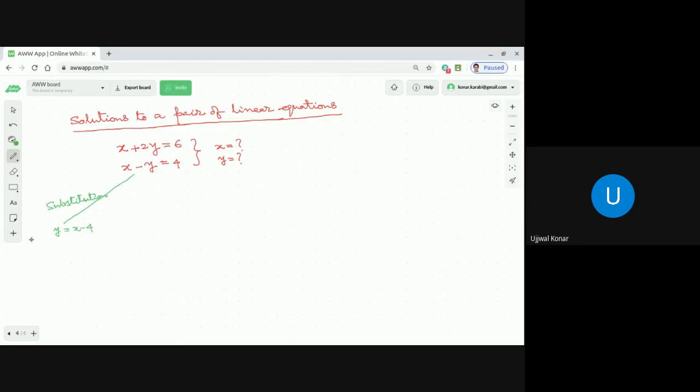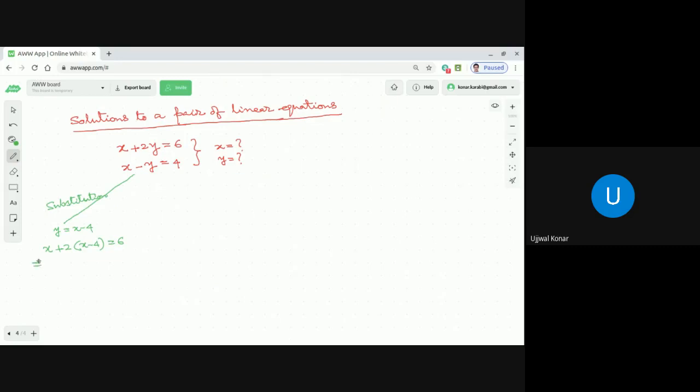And that value of y can be applied in the first equation. That means x plus 2 into x minus 4 is equal to 6.